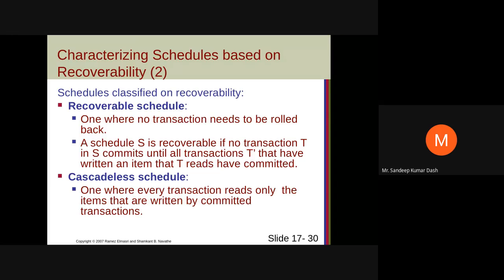That also happens. Okay, or rolled back. But there are methods by which none of the transactions will be rolled back, or the schedule will not be cancelled. So that is called a recoverable schedule. A schedule S is recoverable if no transaction T in S commits until all transactions T' that have written an item that T reads have committed.